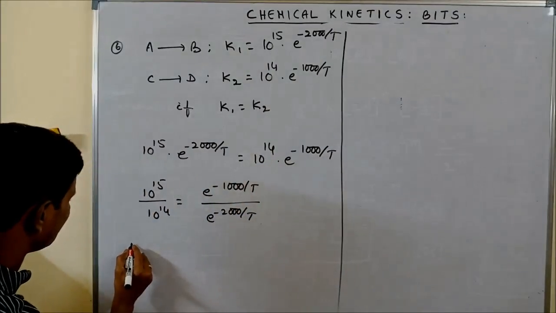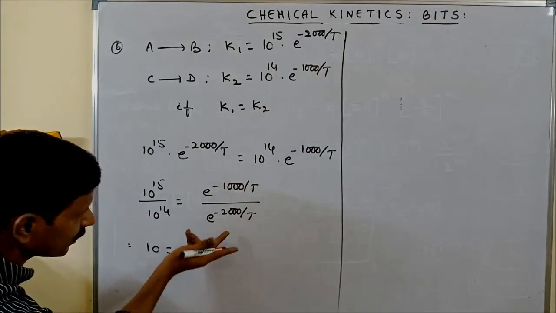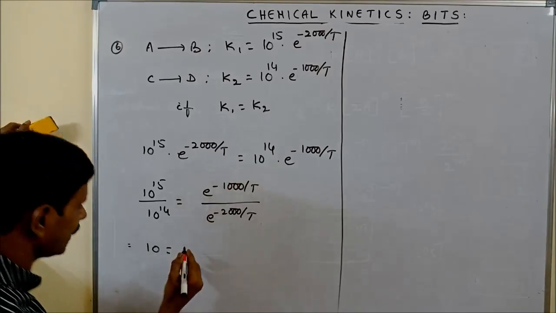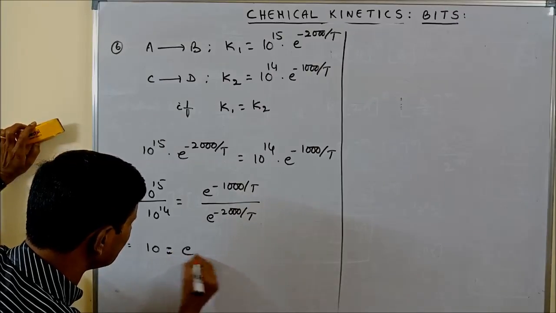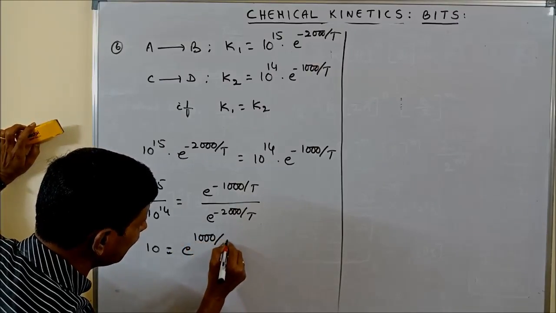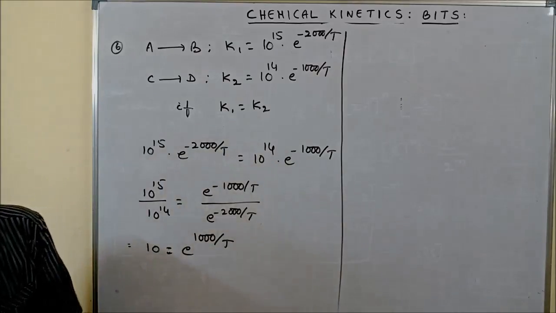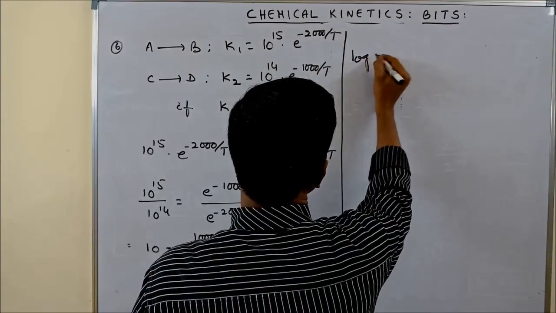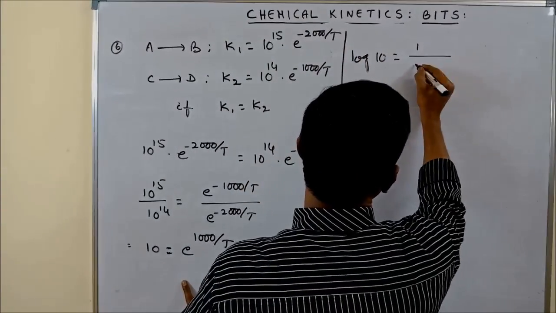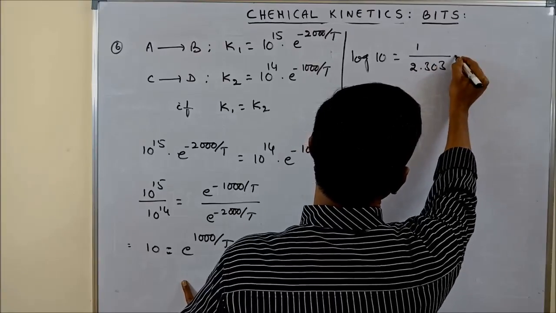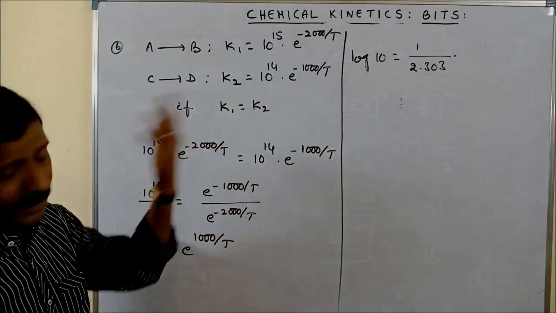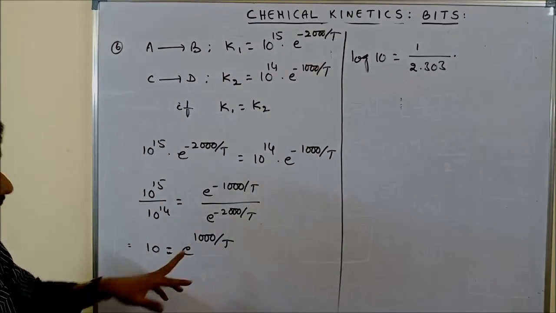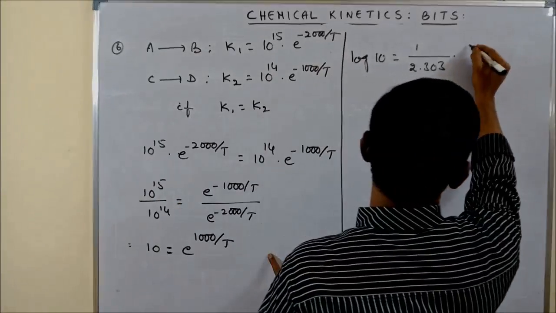Bringing this over, it becomes plus: plus 2000 minus 1000 means 1000. So 10 equals e power 1000 by T. As per this, log 10 equals 1 by 2.303, the constant we get since we converted base e to log value, into 1000 by T.